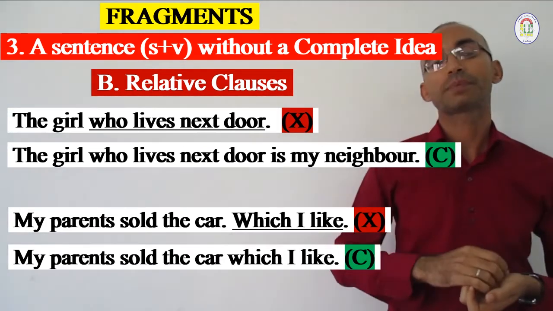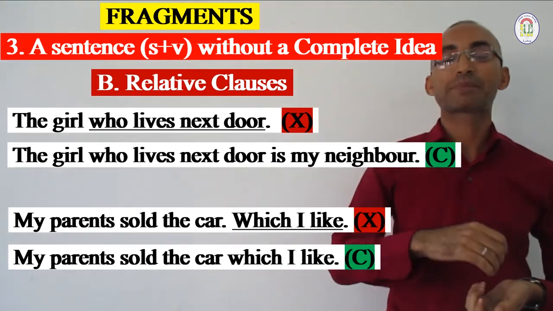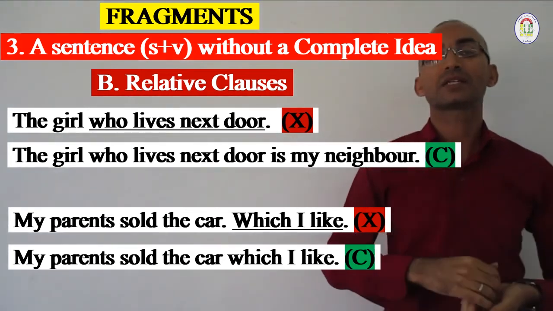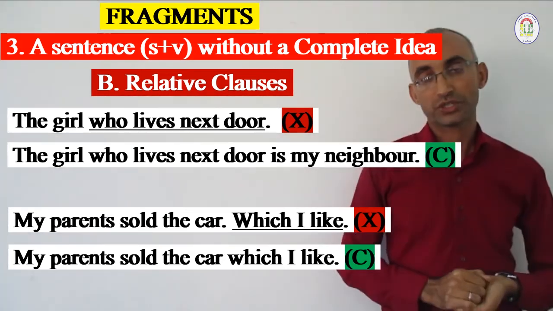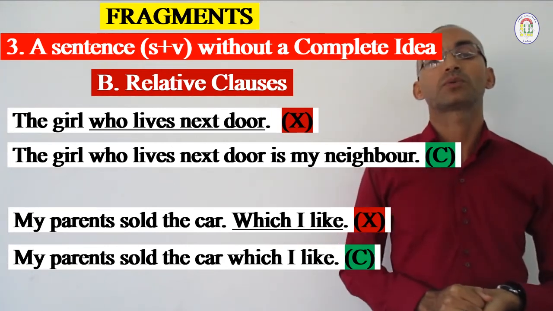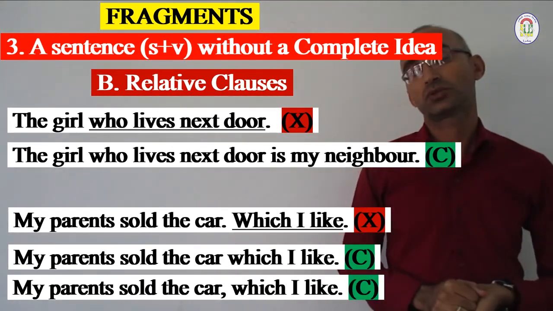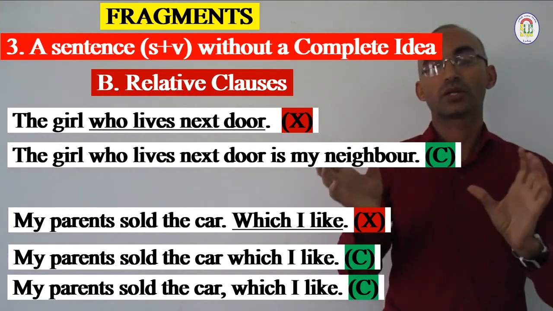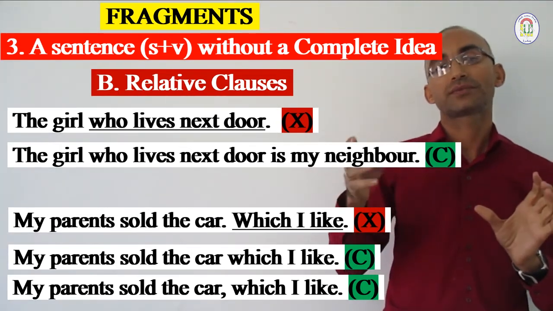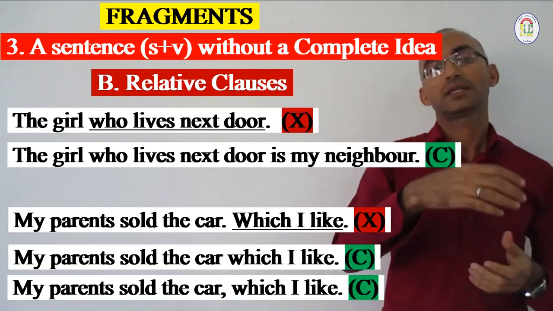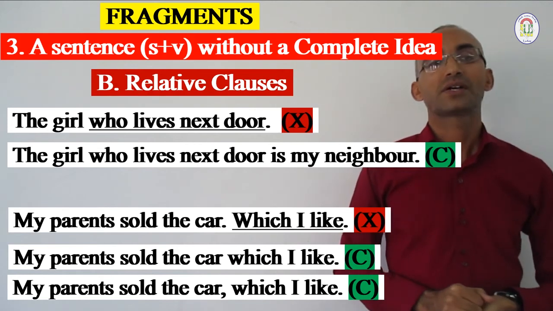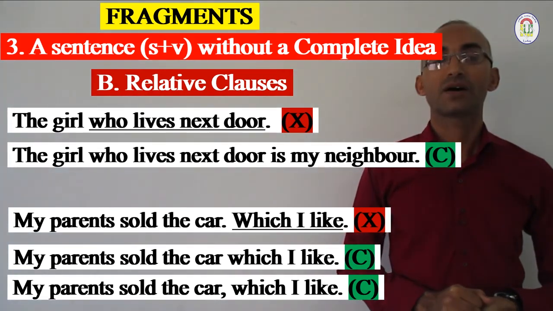We remove the full stop and also remove the capital letter of "which" and replace it with a lowercase w. Or sometimes you can put a comma here, to join the non-restrictive clause to the rest of the sentence.